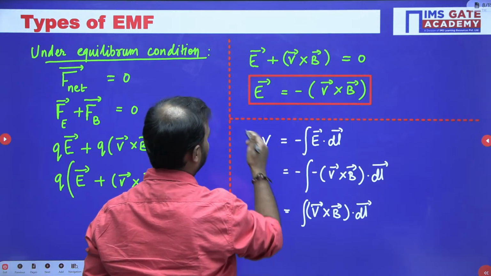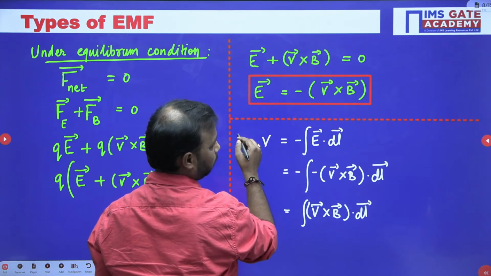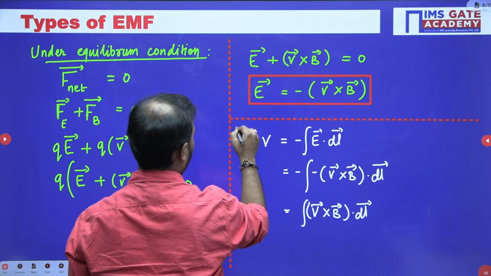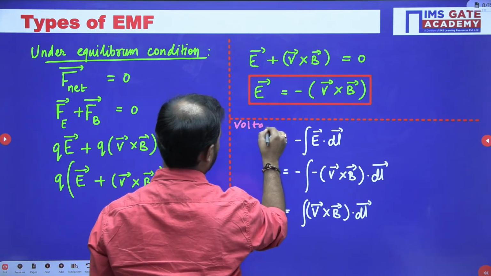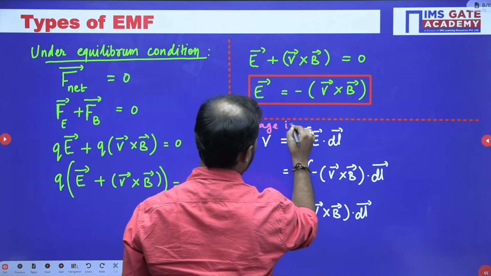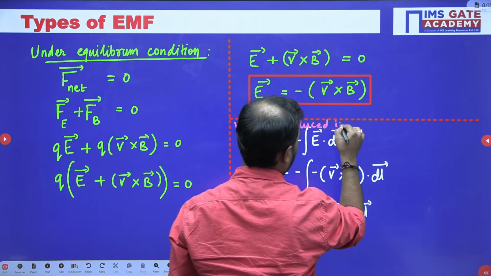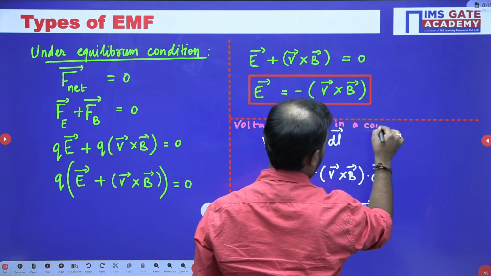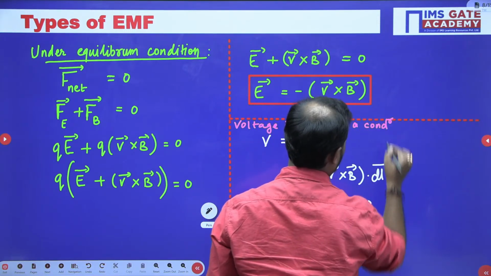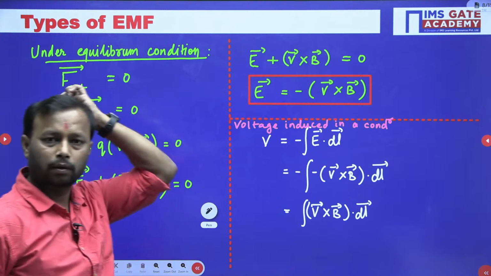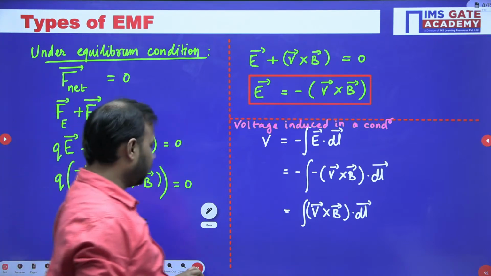So voltage induced in a conductor. ठीक है? What is DL?